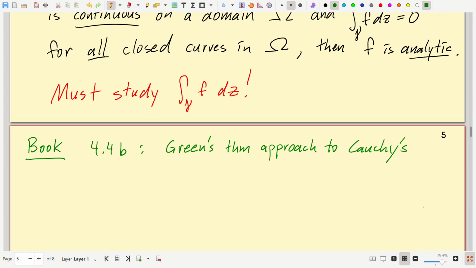That's what we're going to do, and we're going to skip the other version, which is called the homotopy version. Skip 4.4a, for now at least. That's the homotopy approach. Homotopy means deforming curves.